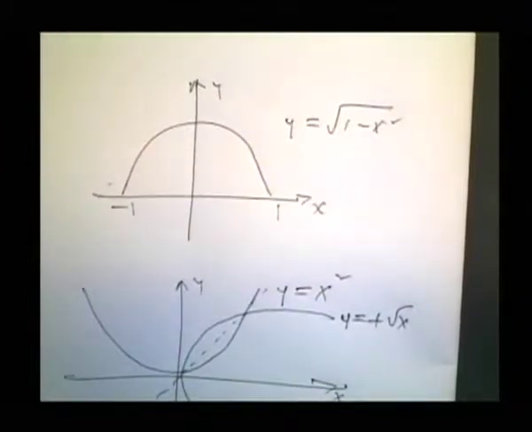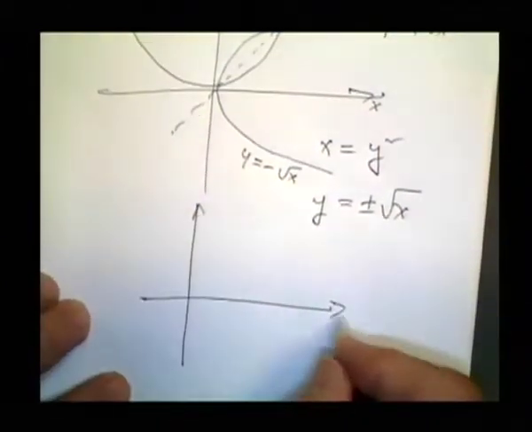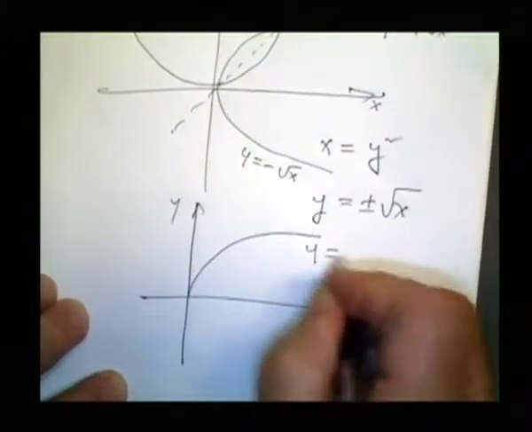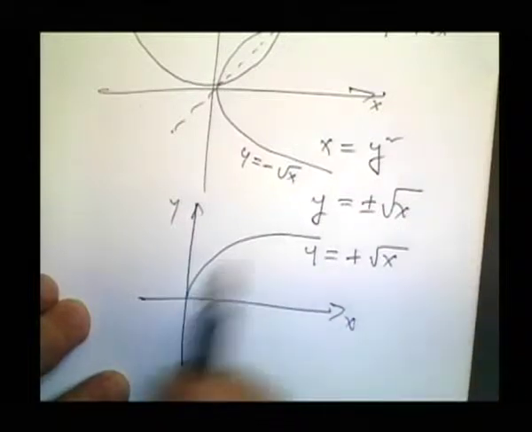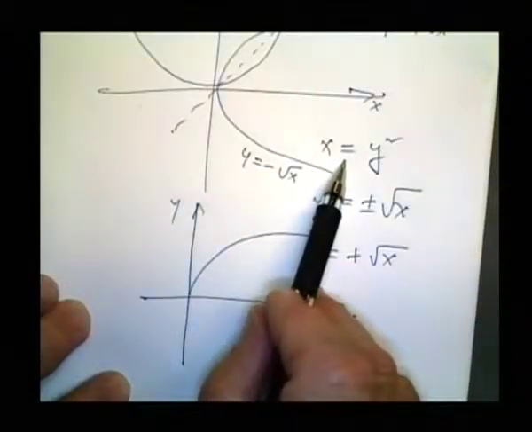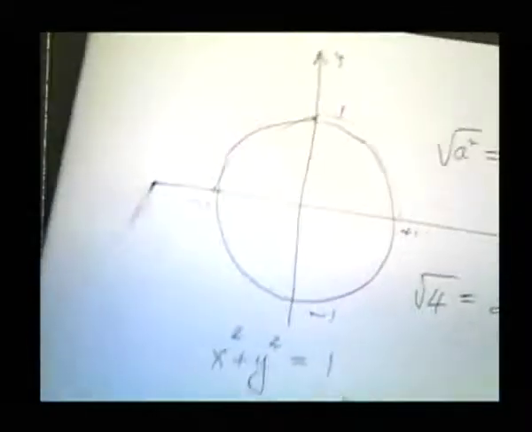This arm here, if I draw the arm of that parabola, the arm looks like that, and that is y equals plus the square root of x. And that clearly is a function. If you take the whole curve here, it's not a function. The original curve y equals x squared, I'll just draw it again maybe, is a function.